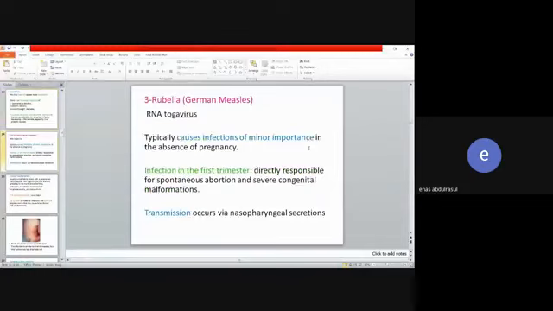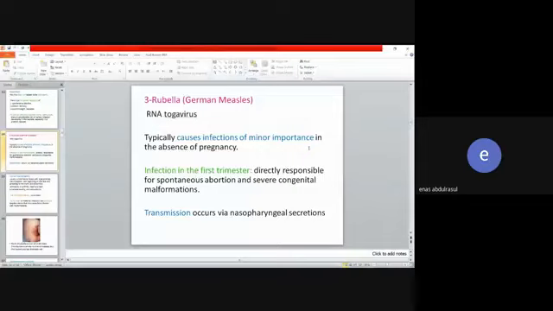The third important example of viral infections that any pregnant woman may be affected with is infection with rubella. Rubella is the causative agent of German measles. German measles, as the name says, is الحصبة الألمانية. What is rubella? It is an RNA togavirus. The nice point here is that it typically causes infections of minor importance in the absence of a pregnancy.